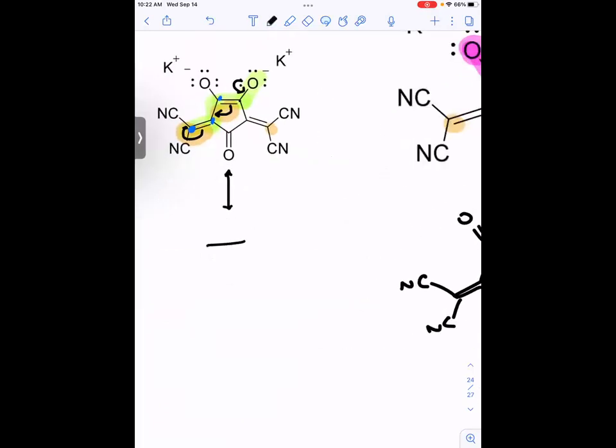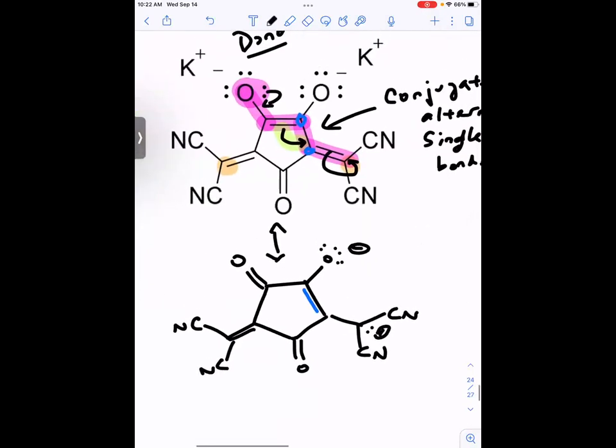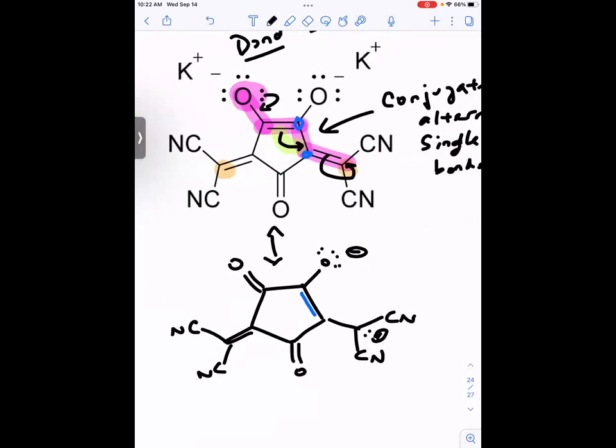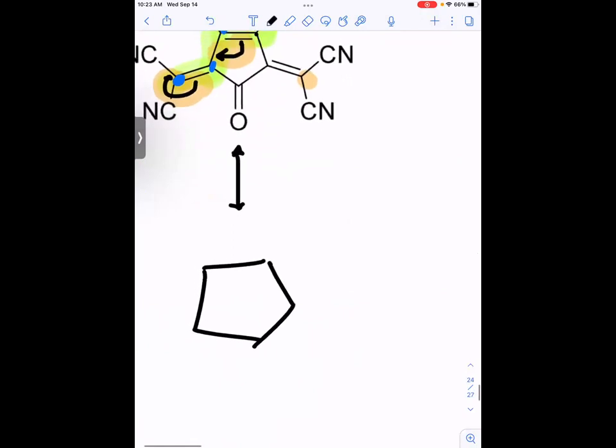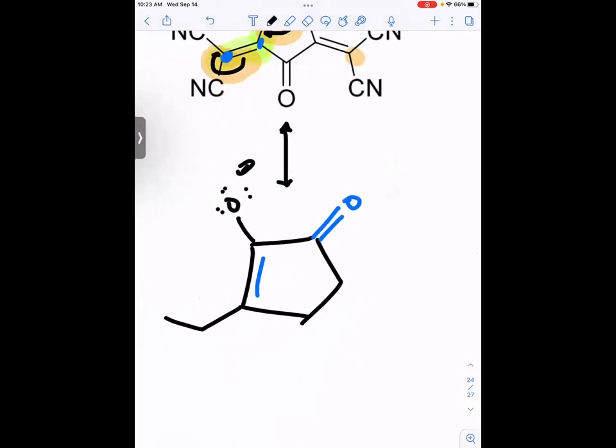So this resonance form now is going to have, instead of a pi bond on the right side like I had over here, the pi bond is actually going to be here on this side. And this oxygen is going to have a double bond to it and not this one. You see what I'm saying? So if this was on the test or whatever, either way would be correct.